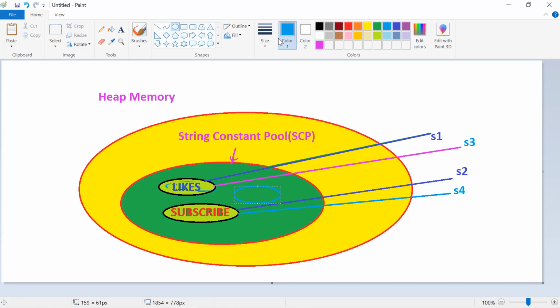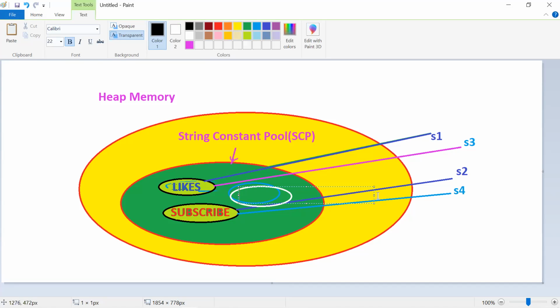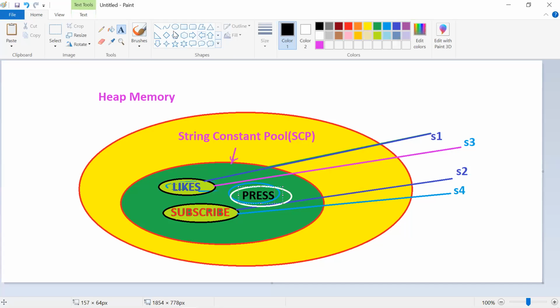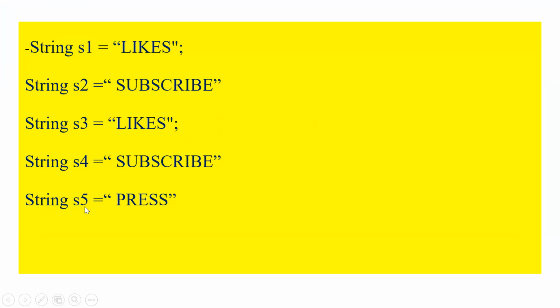We create an object "press" and then pass a reference to it, which is s5.